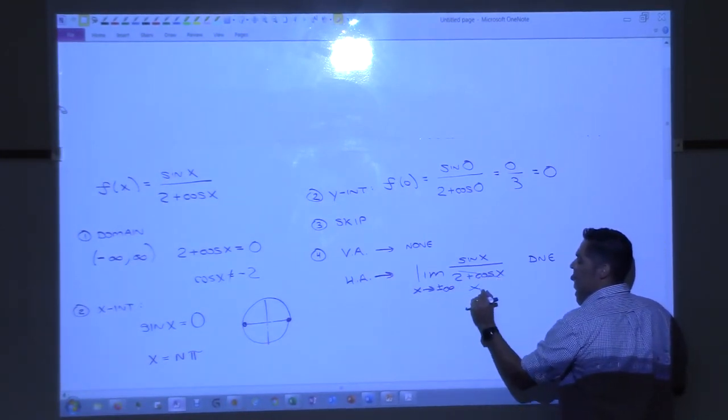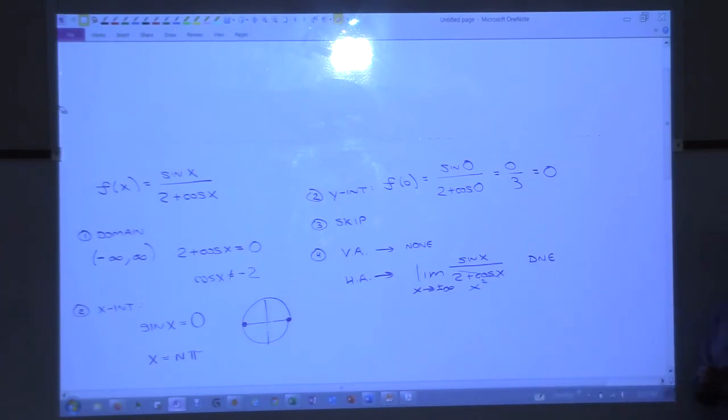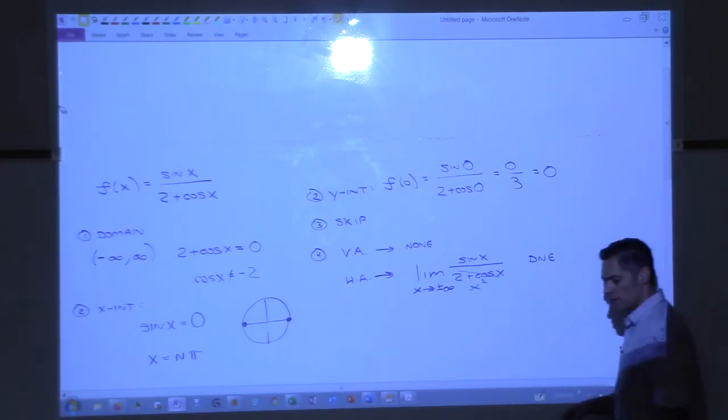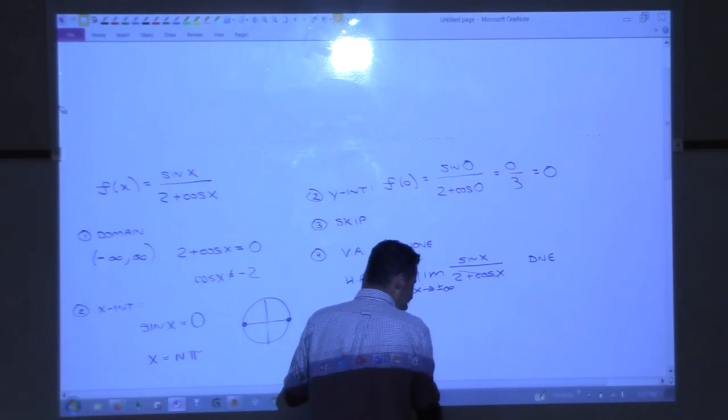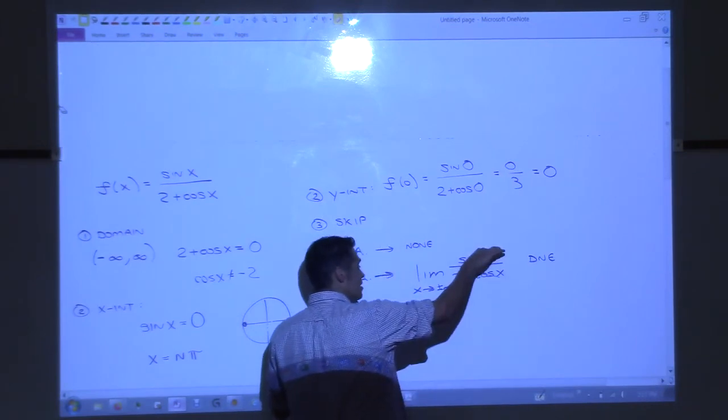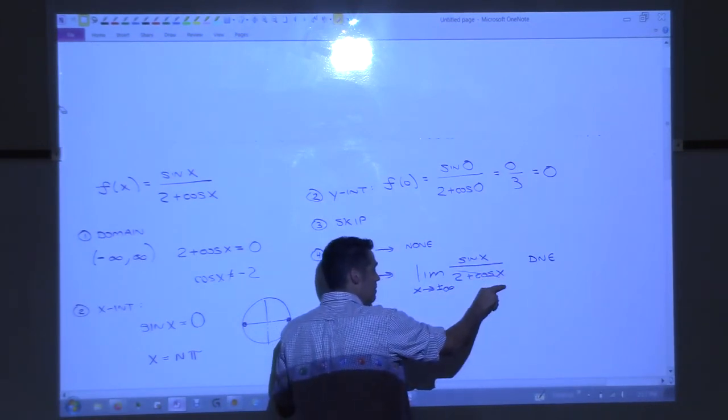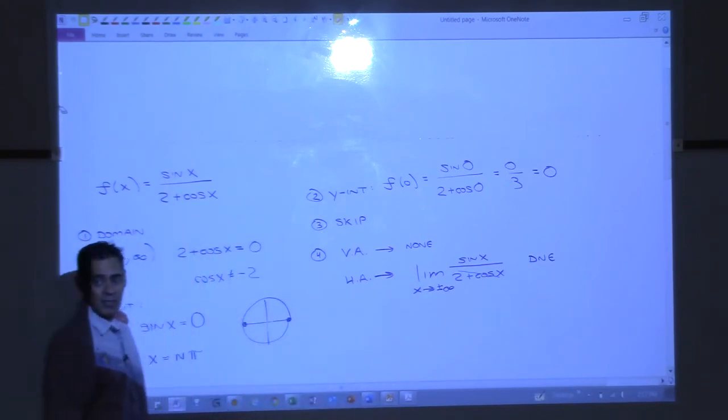What if it was like x squared? Then you'd have bounded over infinity, and that goes to 0. So keep in mind there are different things that could happen. But in this case, the limit doesn't exist on the top and it doesn't exist on the bottom, which leads us to not existing overall.